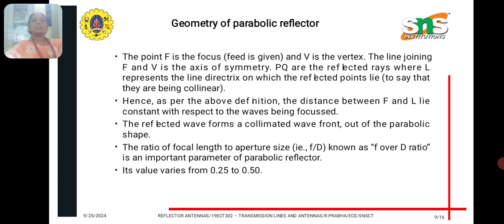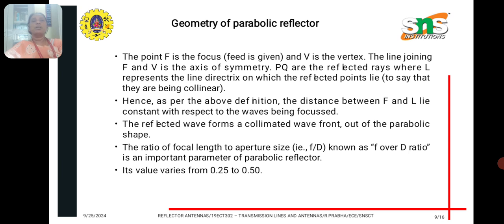PQ are the reflected rays, where L represents the directrix on which our reflected points lie. As per the definition, the distance between F and L stays constant with respect to the waves being focused. The reflected wave forms a collimated wavefront out of the parabolic shape.